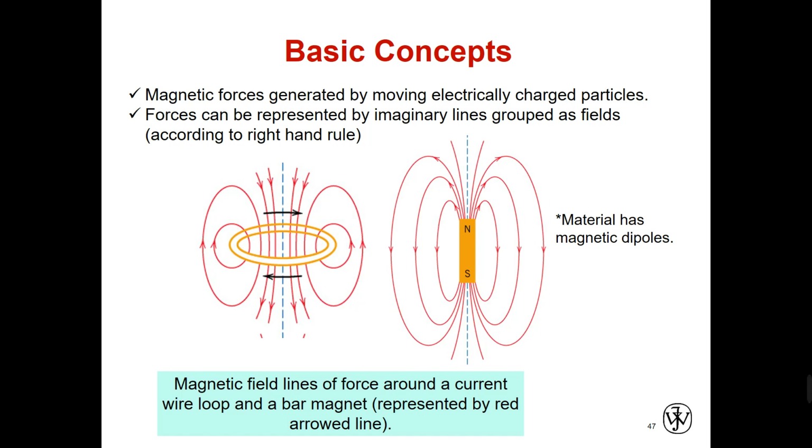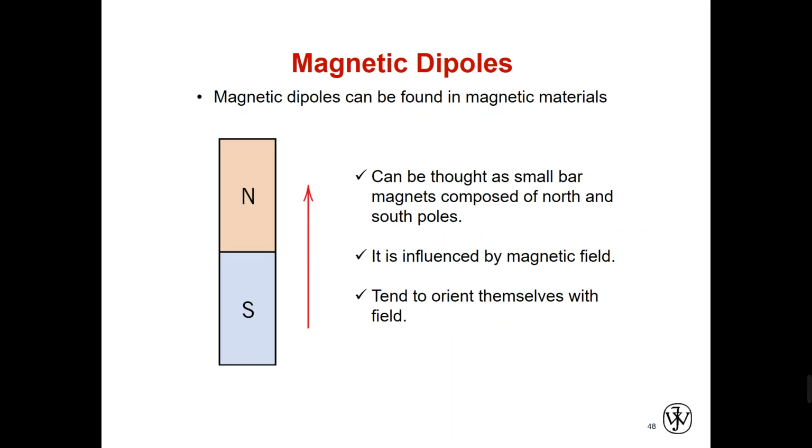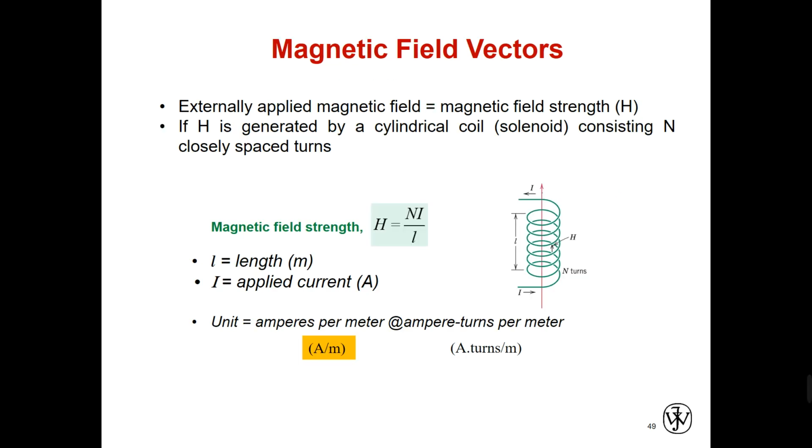The left hand side is the wire loop, and it is represented by the red arrowed line. That is the magnetic field lines. Magnetic dipoles can be found in magnetic materials. They can be thought of as small bars composed of north and south poles. They are influenced by the magnetic field and tend to orient themselves with the field. That is the concept in a compass and so on.